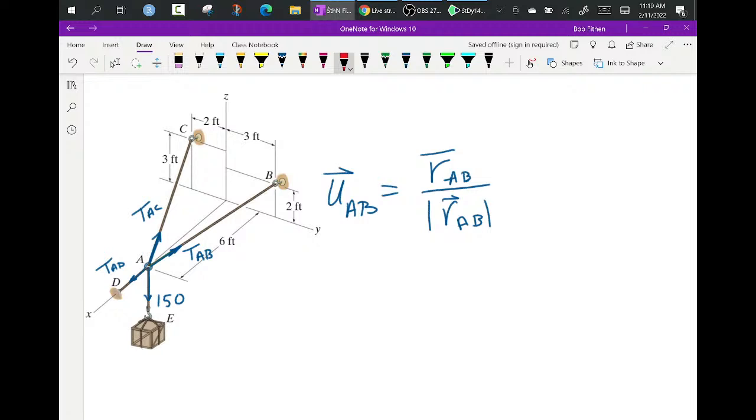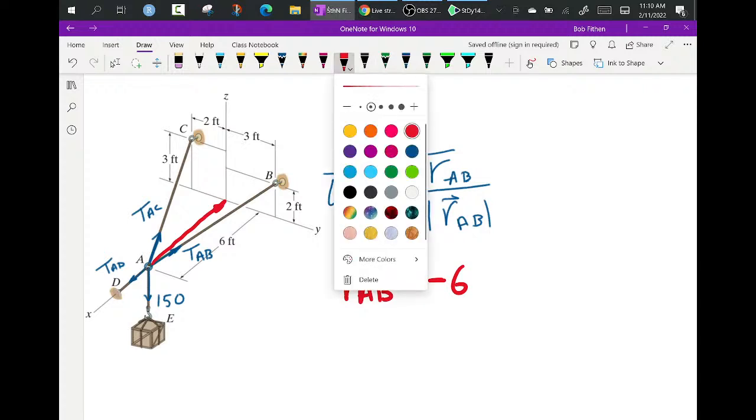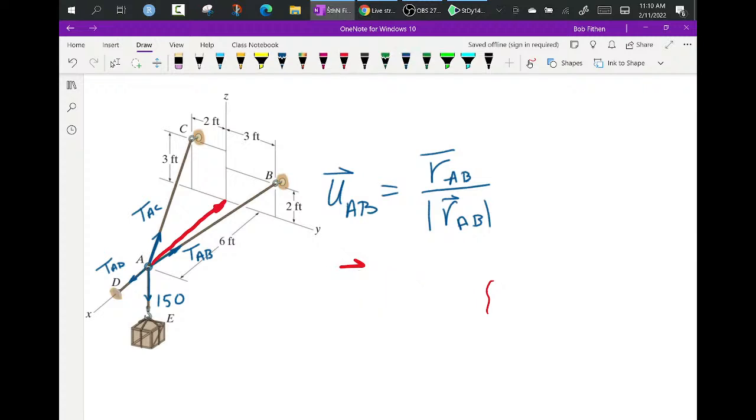First, I'll traverse the X. Looks like I went minus 6 down the X. Then it went down here, and that's 3, in the positive direction, and then it went up to get myself to B.